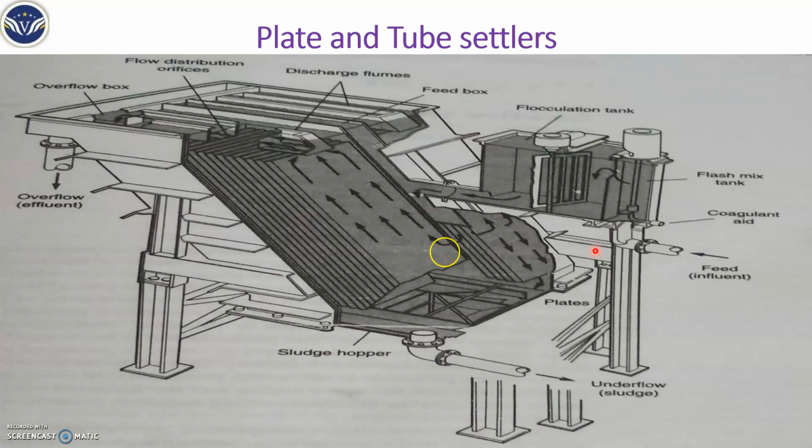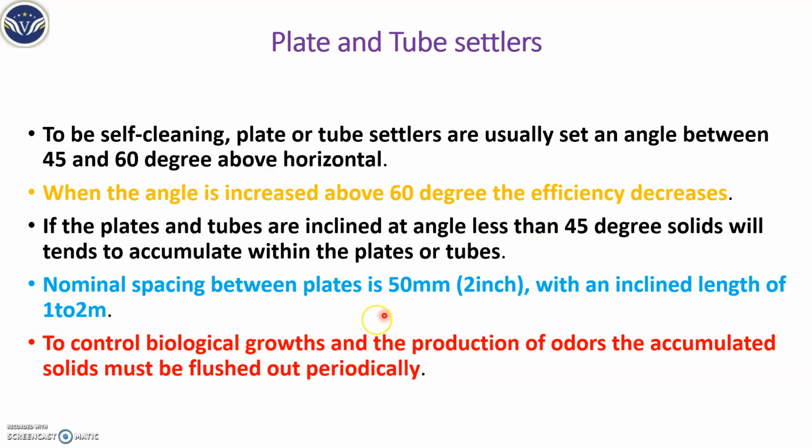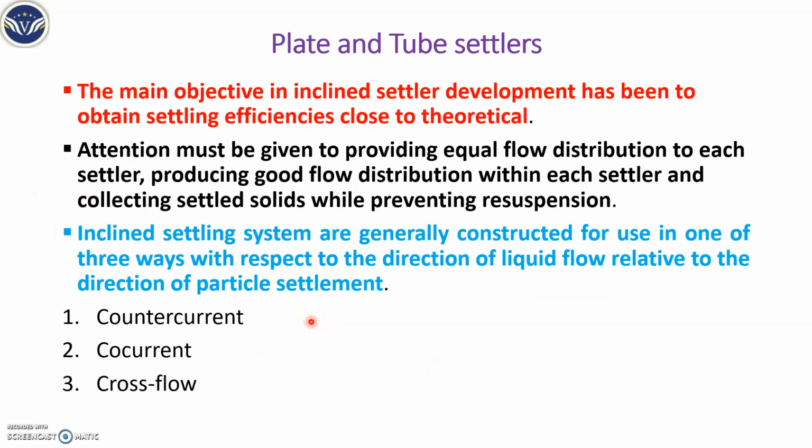Next, the spacing is between 50 mm to 2 inches, and the length of the incline is around 1 to 2 meters. To control biological growth, they flush out, that is, clean out periodically.